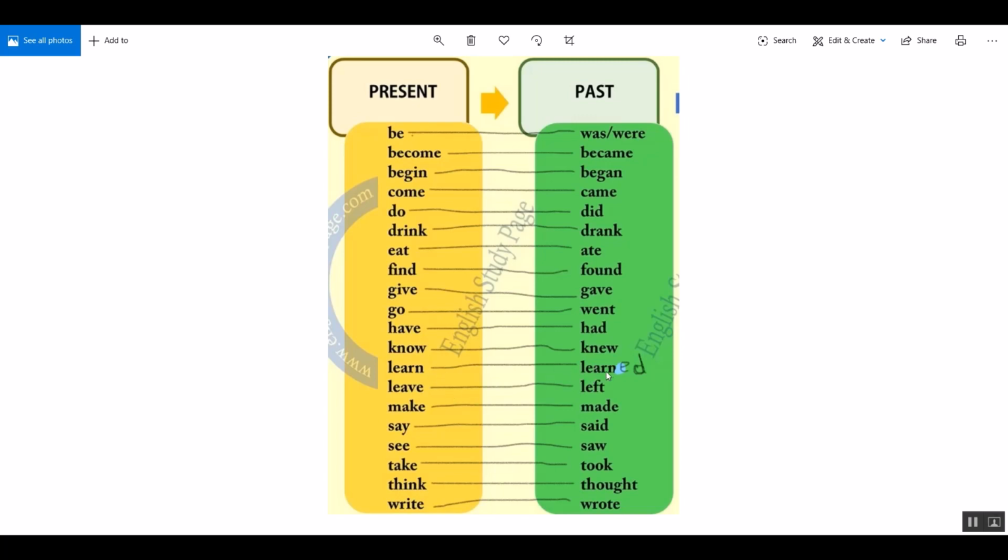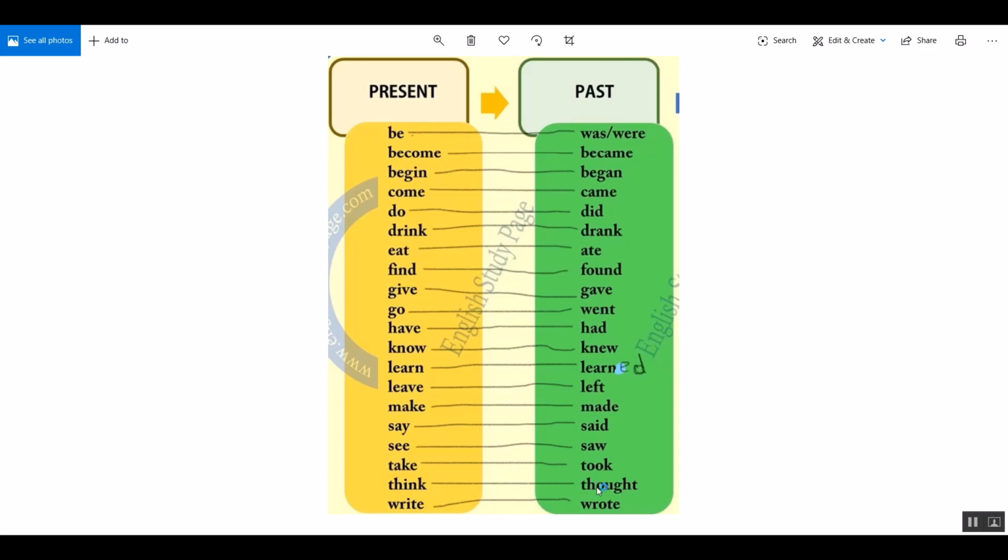Learn, learned. That's a regular one. Leave, left. Make, made. Say, said. I'm going to do that one again. Say, said. See, saw. Take, took.